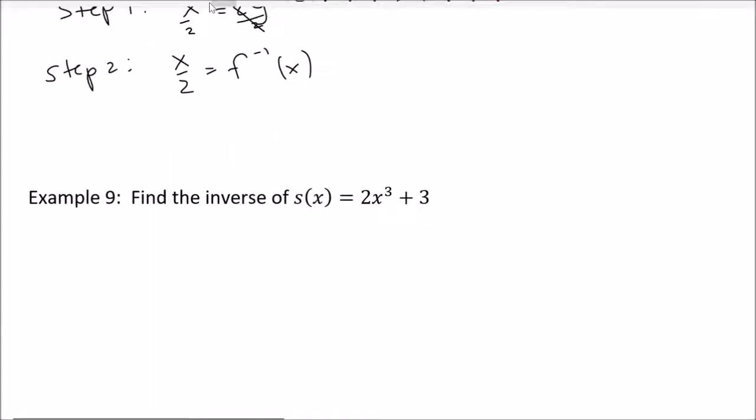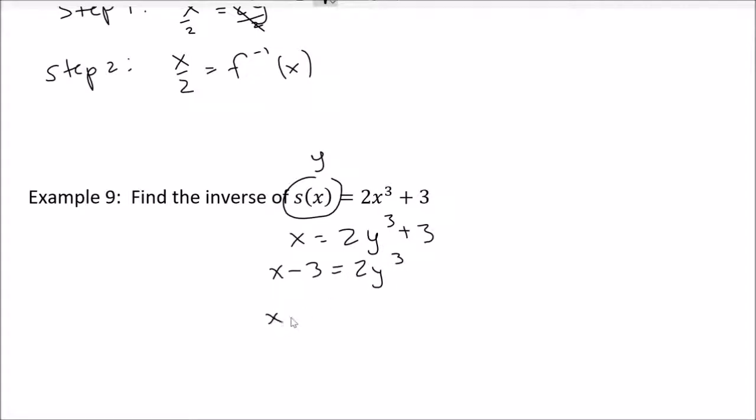What about example 9? Okay, in example 9, we're going to find the inverse. So I would suggest that you pause the video and do this one on your own and then watch to get some feedback. Okay, in this one, I'm going to realize that's a y value. So when I swap x and y, I'm going to get x equals 2y cubed plus 3. So then I can subtract 3 on both sides.